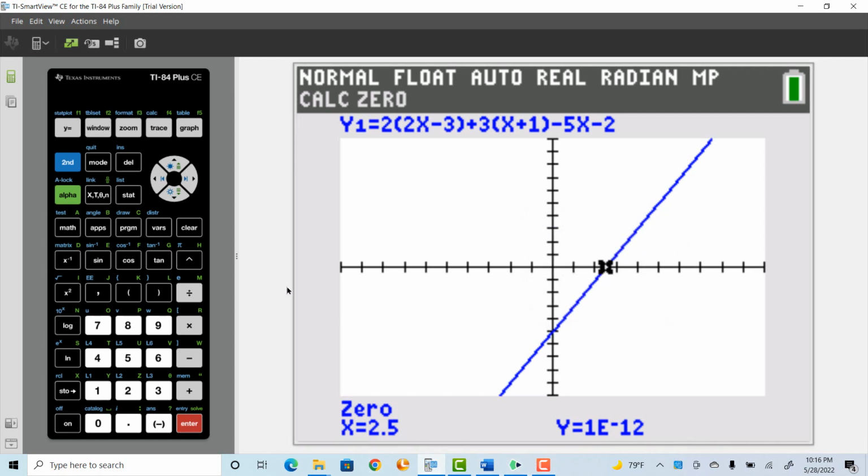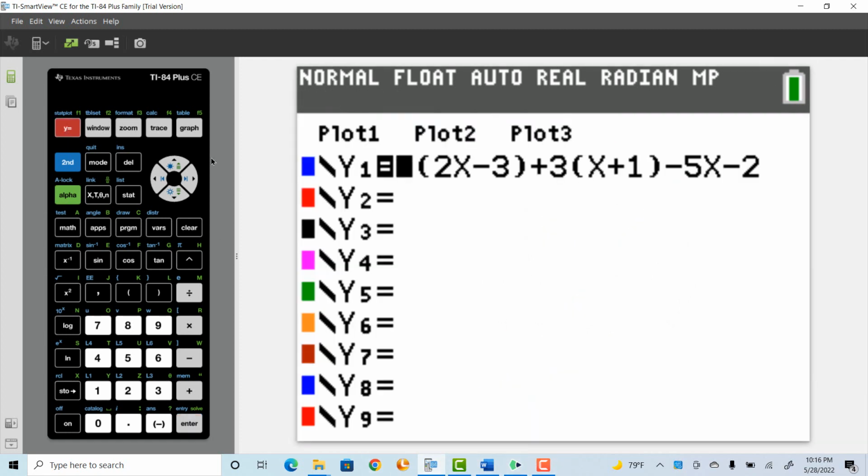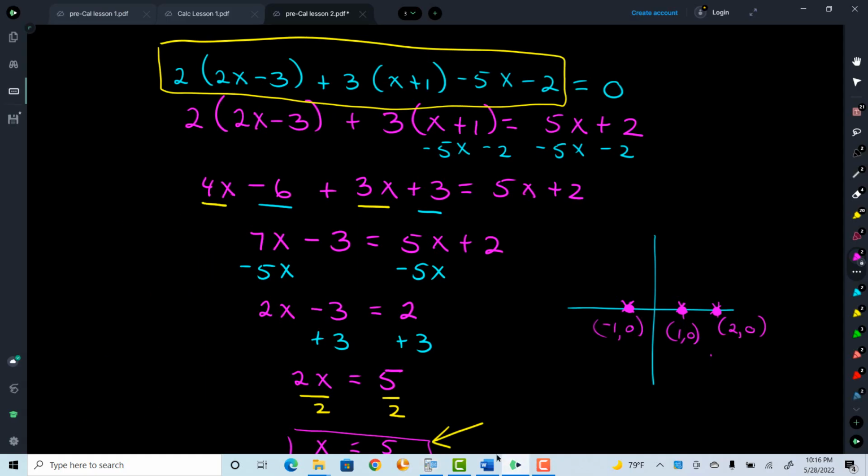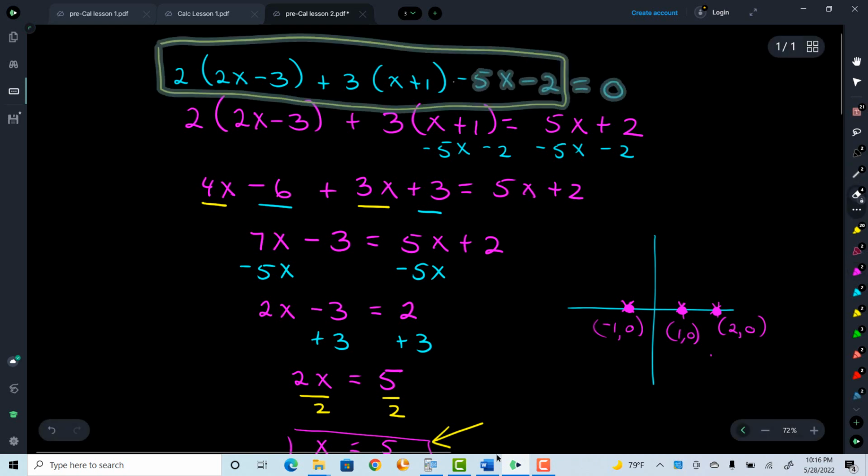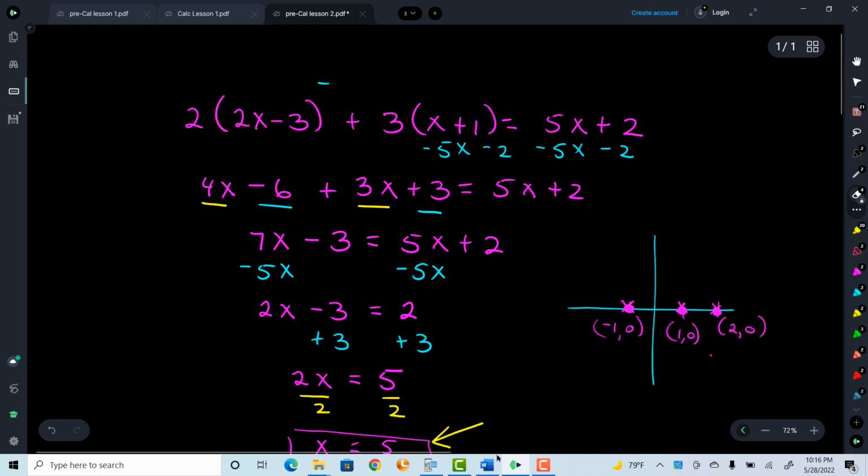Okay, another way of checking this on the calculator, if you remember the original equation, let me just erase this. We have 2 times x minus 3 plus 3 times x plus 1, and we said that that was equal to 5x plus 2.